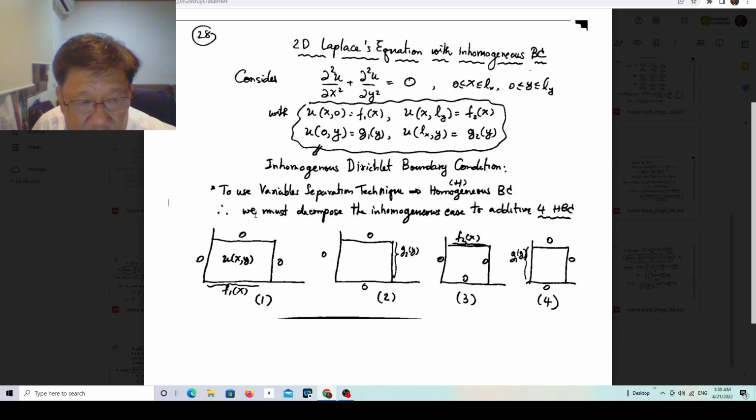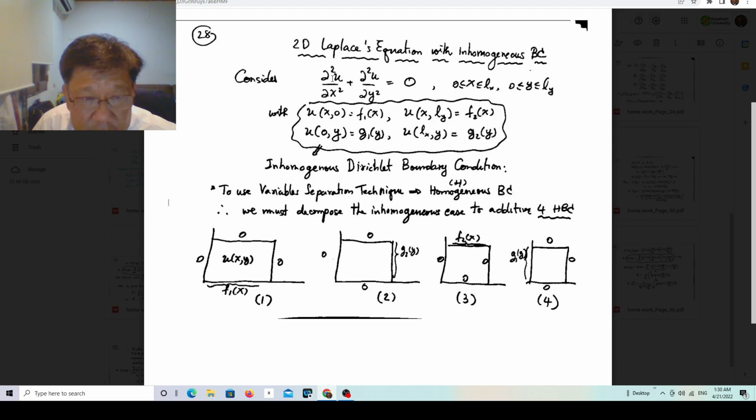So the whole idea is that we must decompose this into the four additive cases. In each of these cases, you can apply directly the previous example that we already applied in the lecture clip, except that the boundary condition changes. So this inhomogeneous boundary condition is equivalent to these four homogeneous equations, analyzed in a similar fashion to when we use the superposition technique.